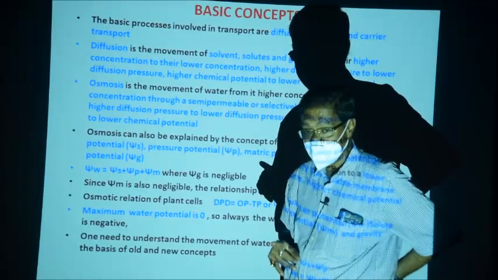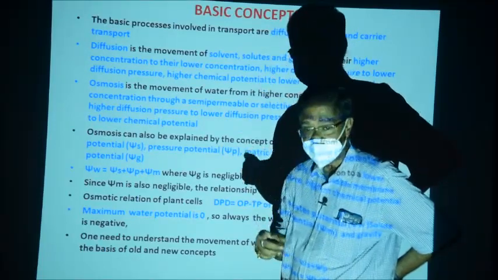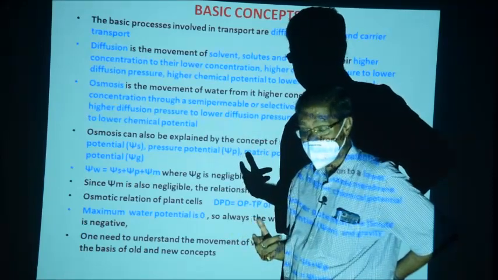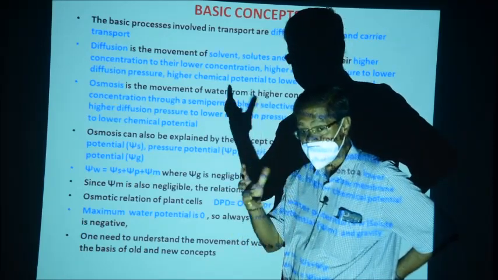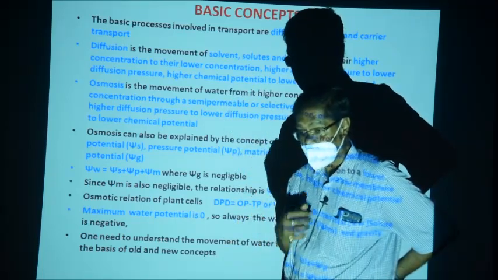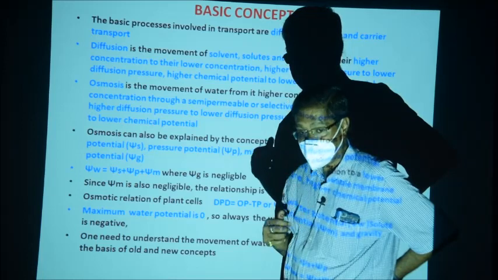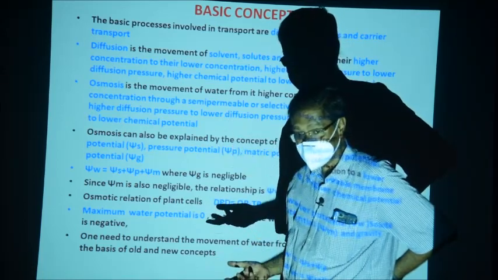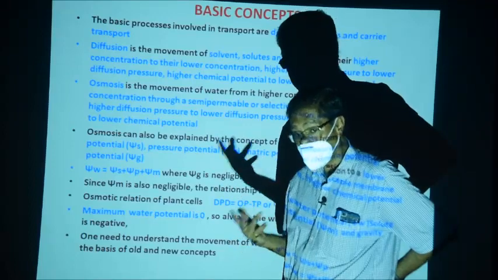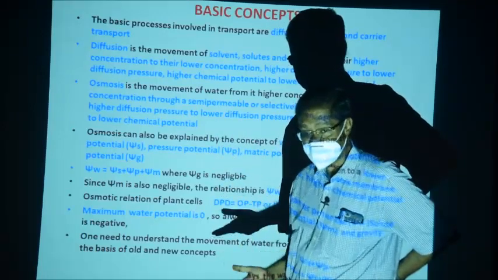When is the concentration of the solvent higher? It is higher when the solution is weak, less concentrated. And the diffusion pressure is less when the solution is more concentrated, so solvent is less.